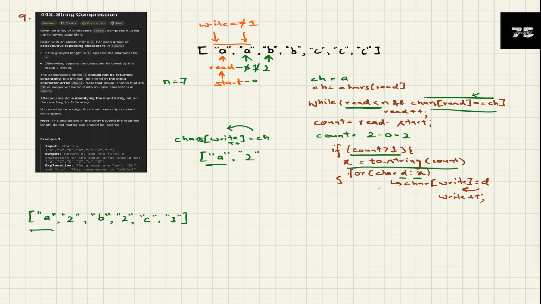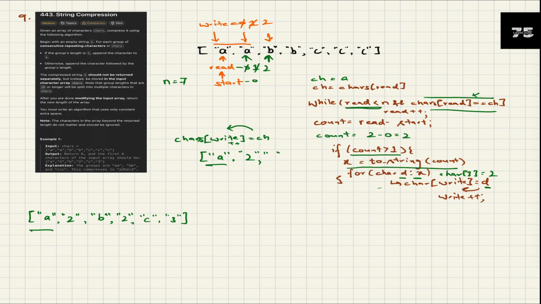So I'm writing this digit d in my chars at write, which is char of 1. So at char of 1 I'm supposed to write d, which is 2, and then do write plus plus. That means write is now pointing to this.